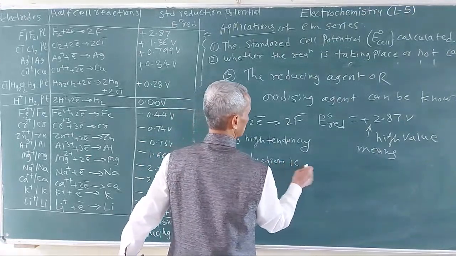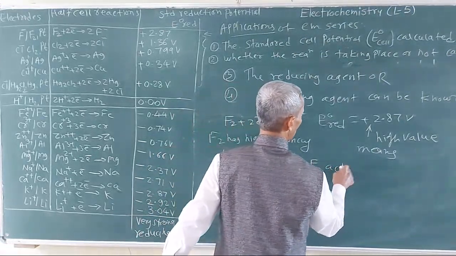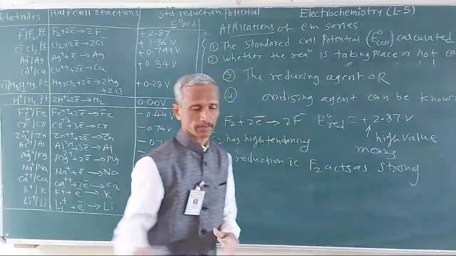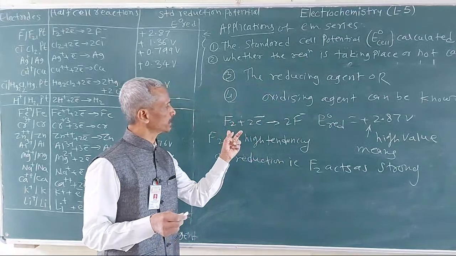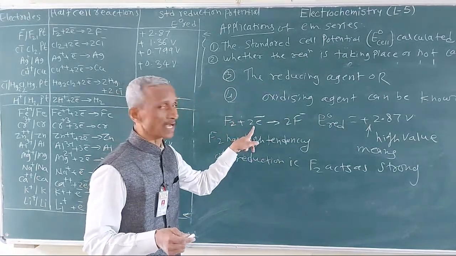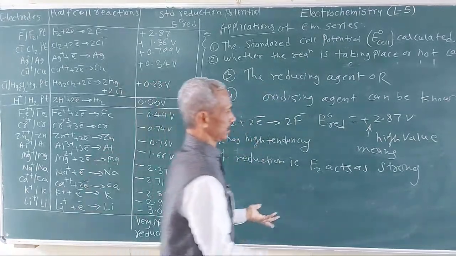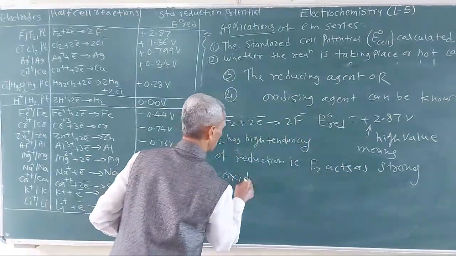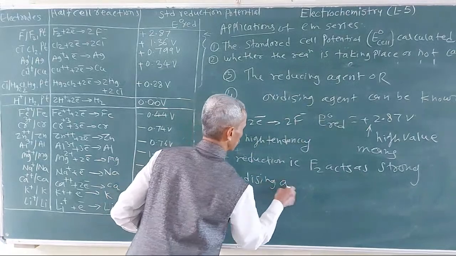That is, F2 acts as a strong... What is it? The substance which undergoes reduction is the oxidizing agent, right? So it acts as a strong oxidizing agent.